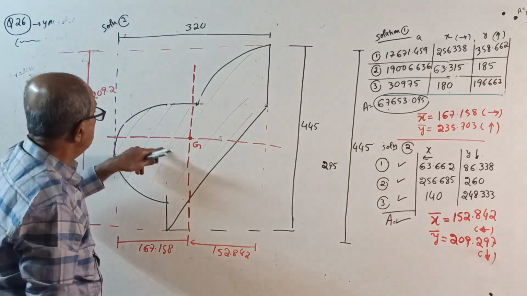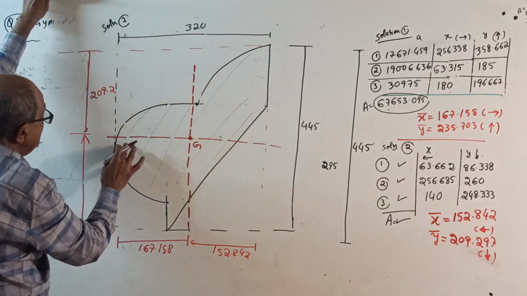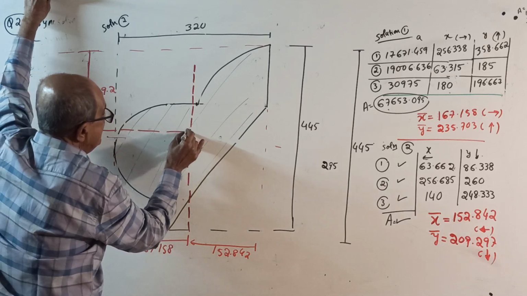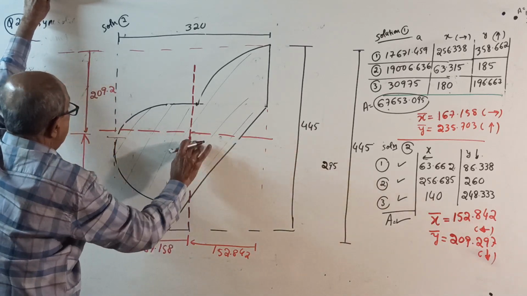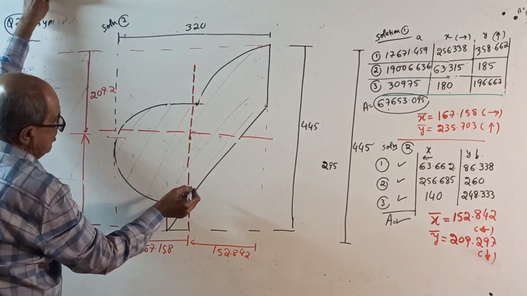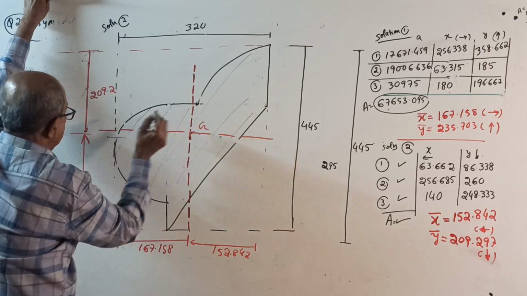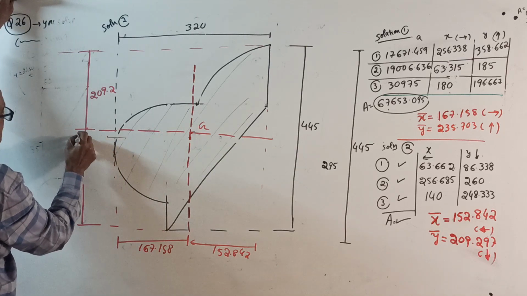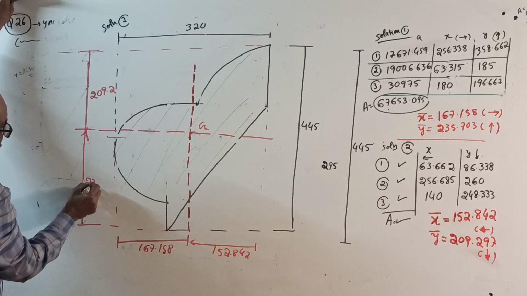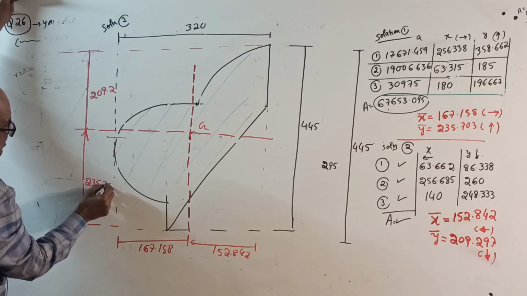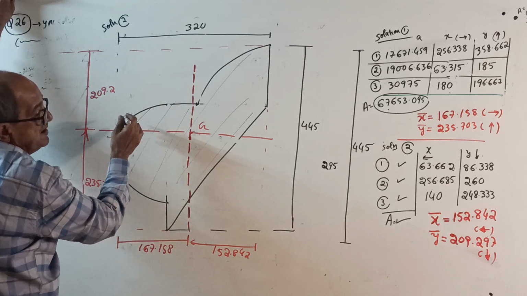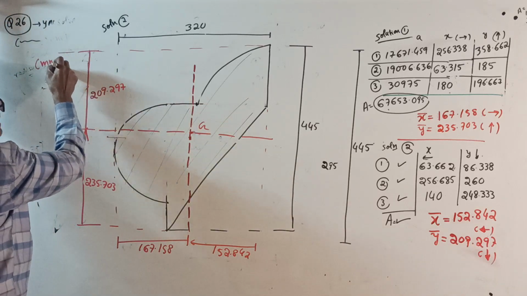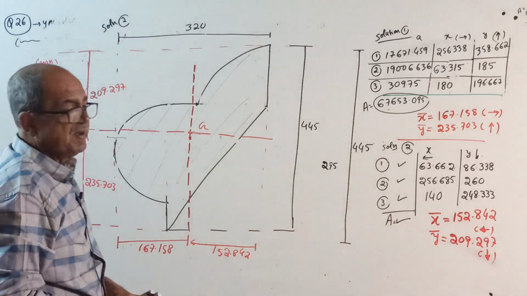You got 235. 235 means slightly above. Okay. No problem. Why worry about these things? Out of scale, okay, you do it. Correct? I got some doubt now. Okay, out of scale. 235.703 and 209.297, all dimensions in millimeter. This is centroid G for the given lamina.